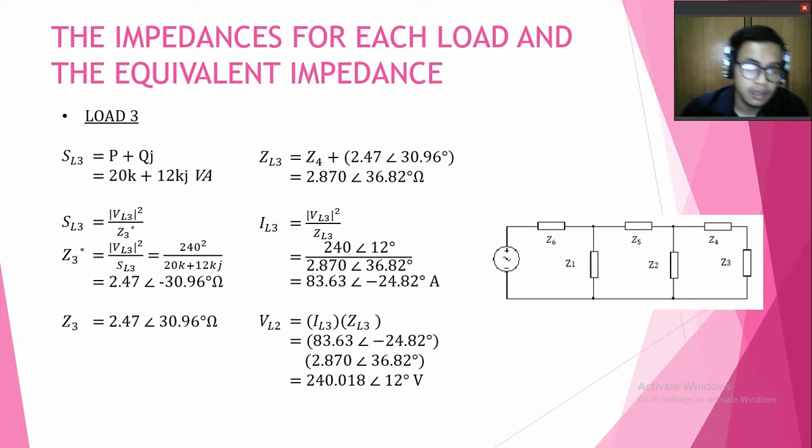We take the modulus of the voltage and square it, divide by the real power at load 3, and conjugate, and we will get the impedance Z3. After that, we must find the impedance at load 3 by adding the impedance of load 4 with the impedance 3.